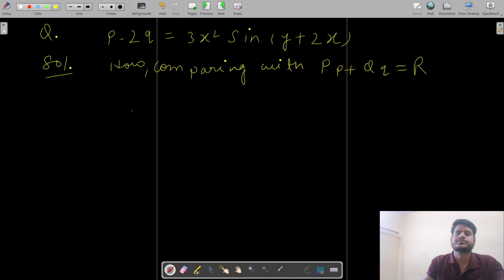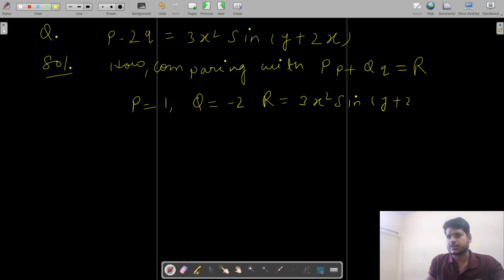So first we have to compare. Capital P is equal to 1, capital Q is equal to minus 2 and capital R is equal to 3x square sine of y plus 2x. This way, right?